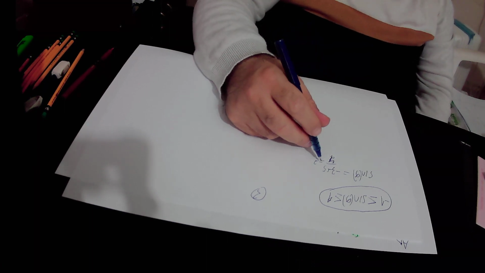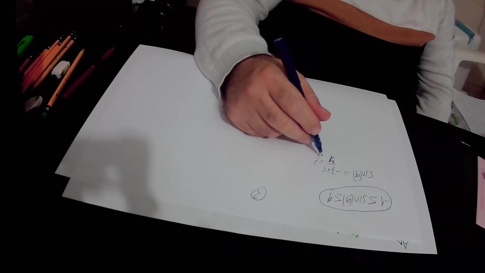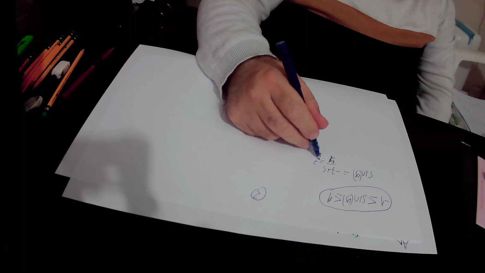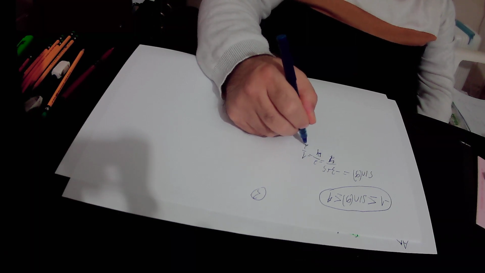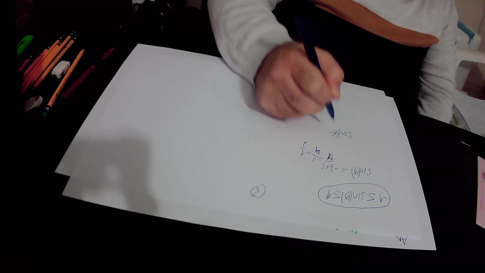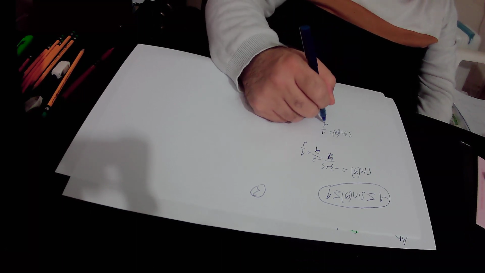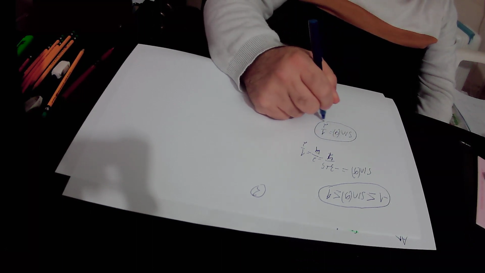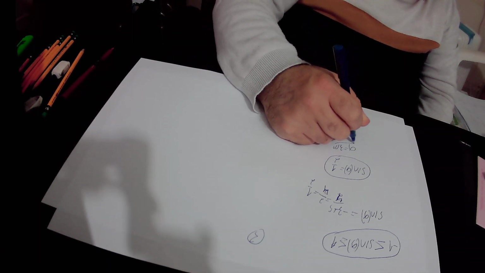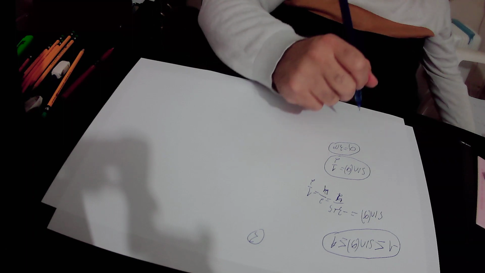Minus 3 plus 5 is 2, and 2 over 4 is 1 over 2. So we found that sinus alpha equals 1 over 2. If sinus alpha equals 1 over 2, it means that alpha equals 30 degrees.